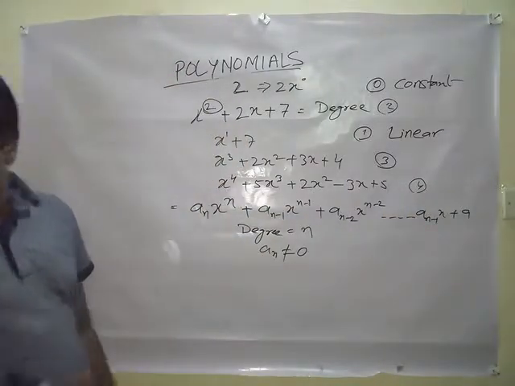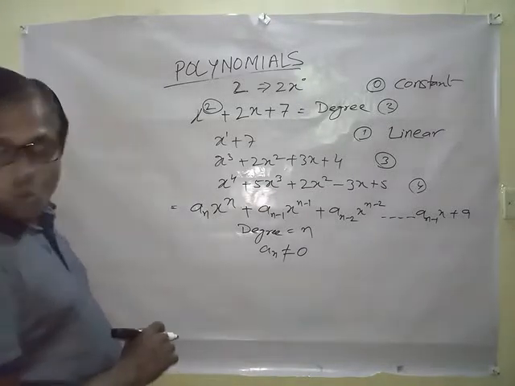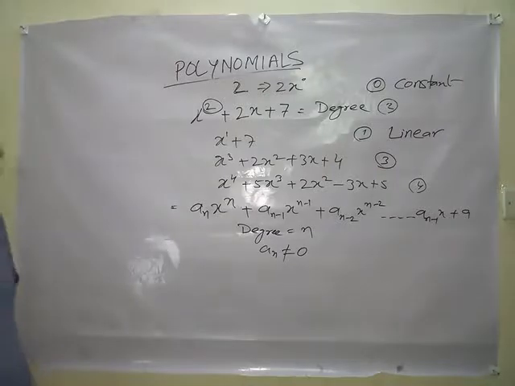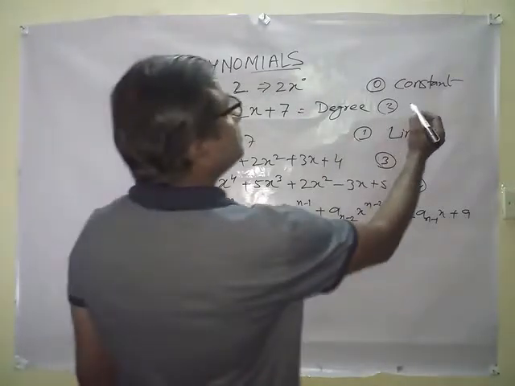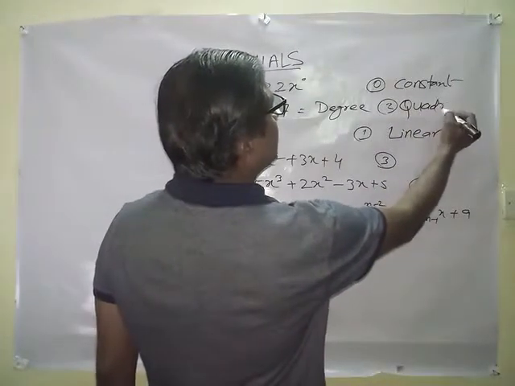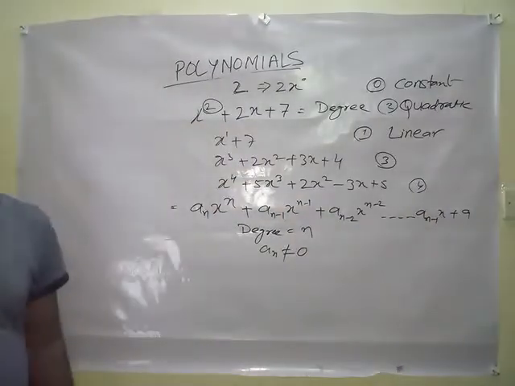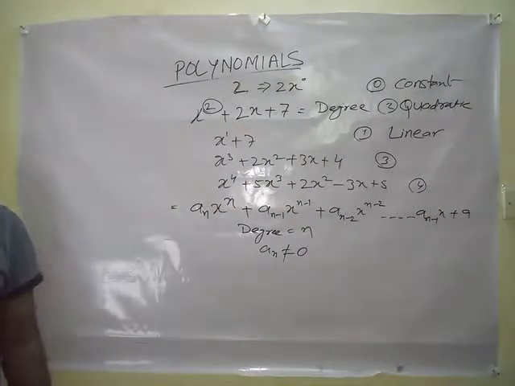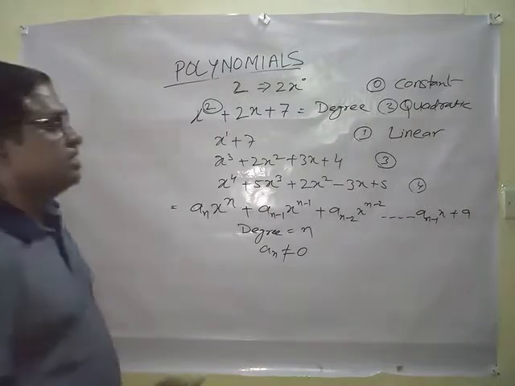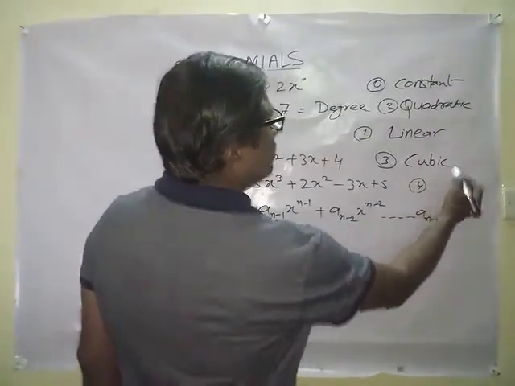If the polynomial equation has a degree 2, it is called quadratic. Similarly, if the polynomial equation has degree 3, it is called cubic.